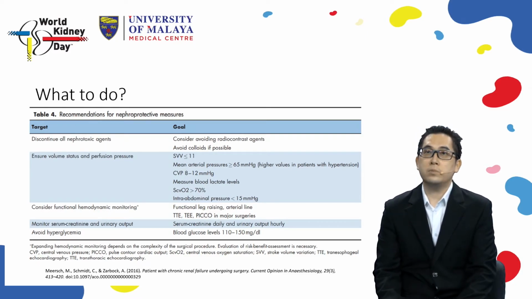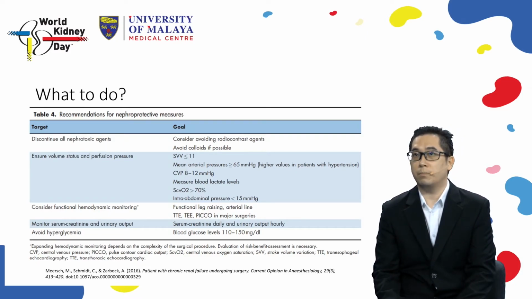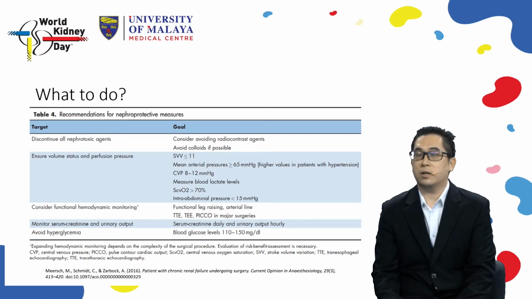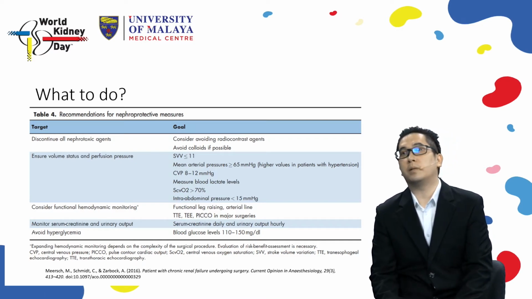And volume status and perfusion pressure are very important. So a mean arterial pressure of 65 millimeters of mercury or higher, CVP of 8 to 12, maintaining a central venous oxygen saturation, maintaining intra-abdominal pressure of less than 50 millimeters of mercury.